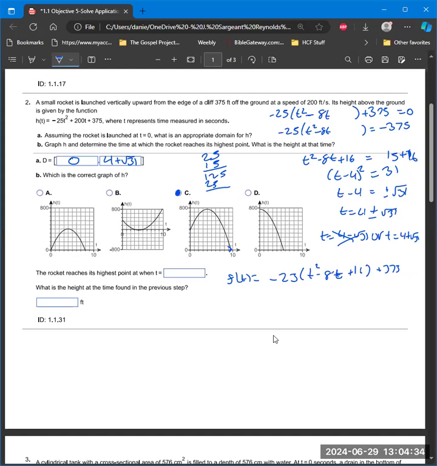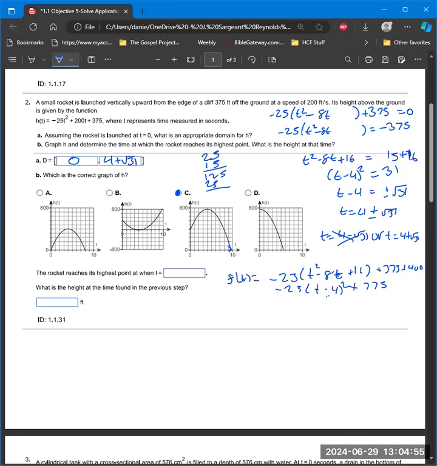So we have minus 400 plus 400: negative 25 times t minus 4 squared plus 775 right there.